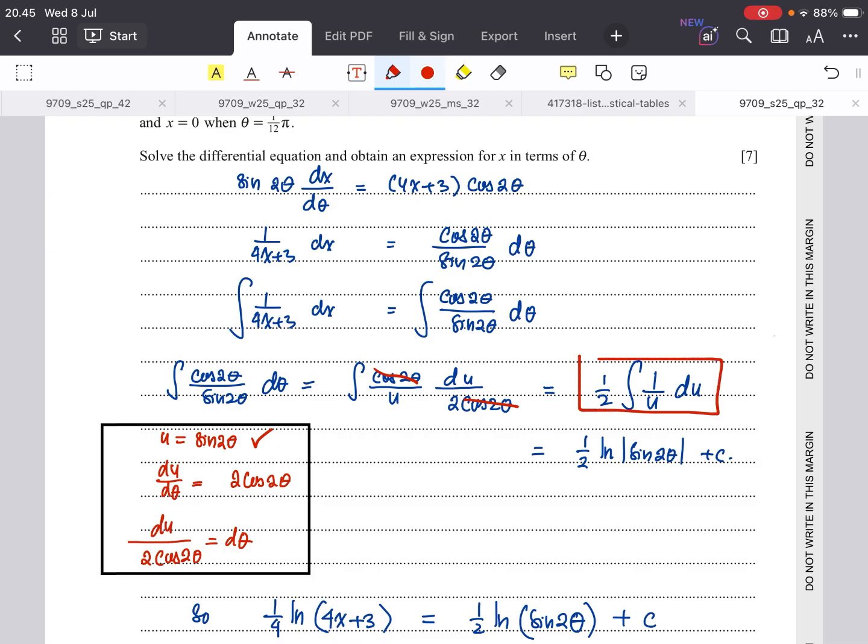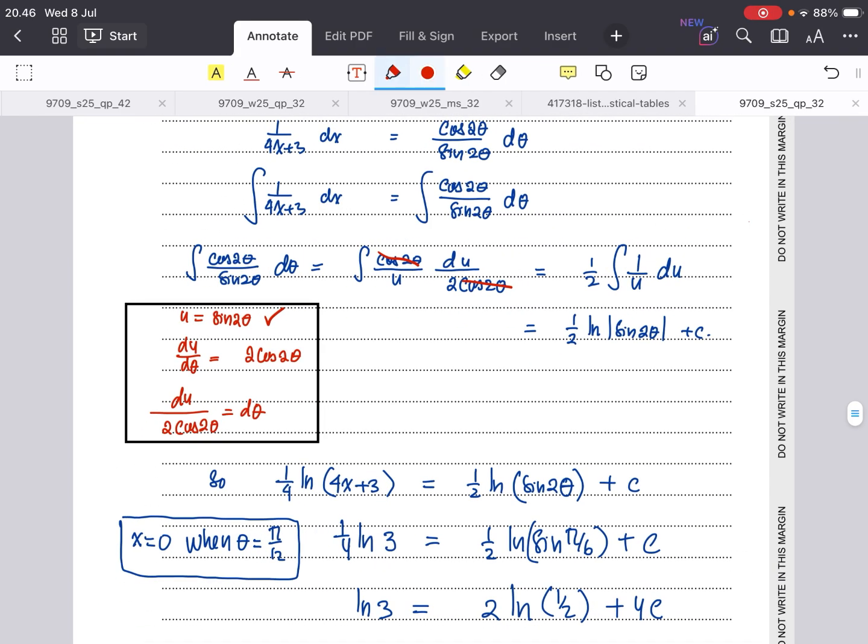So now we have integration in terms of u. So half integral 1 over u du, the integration will be ln. So half ln u, but u is sine 2 theta. So this integration will be half ln sine 2 theta plus c.